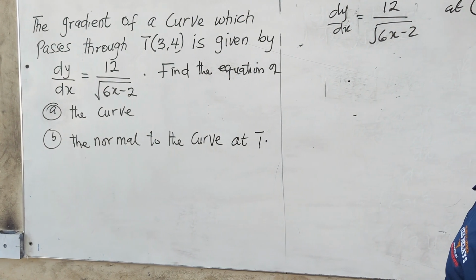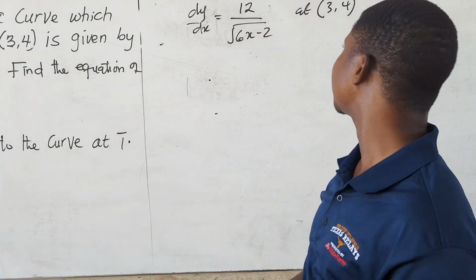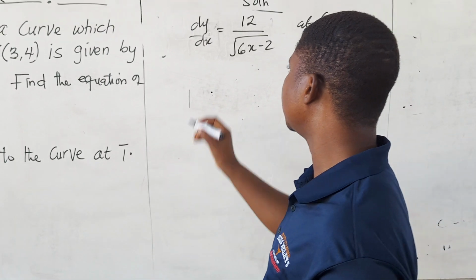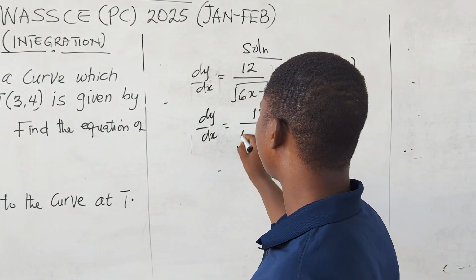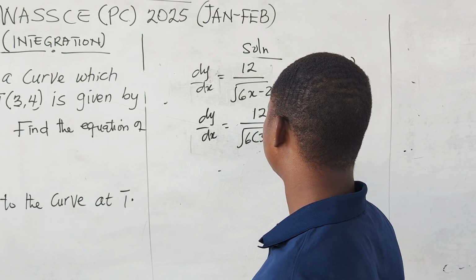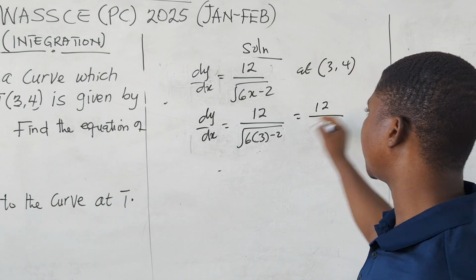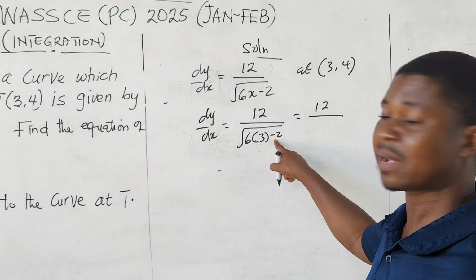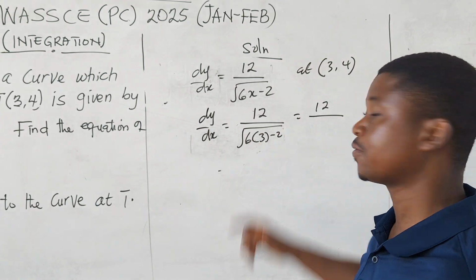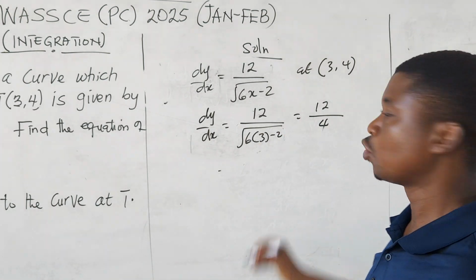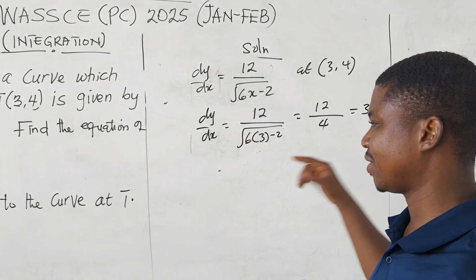At (3, 4), wherever we have x, it is 3. So dy/dx will be 12 over the square root of 6 times 3 minus 2. 6 times 3 is 18, 18 minus 2 is 16, and the root of 16 is 4. So 12 over 4 gives us 3. So dy/dx, which is the gradient, is 3.